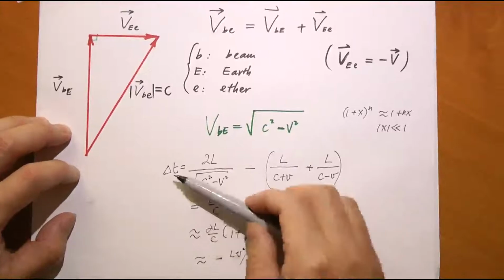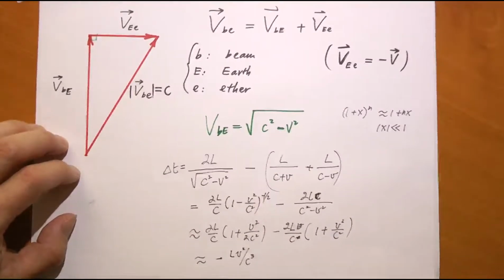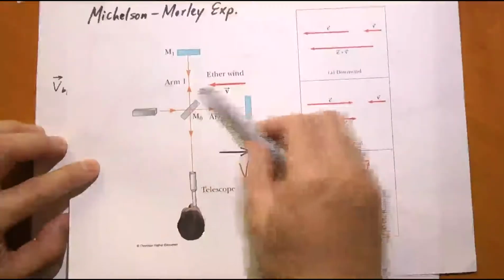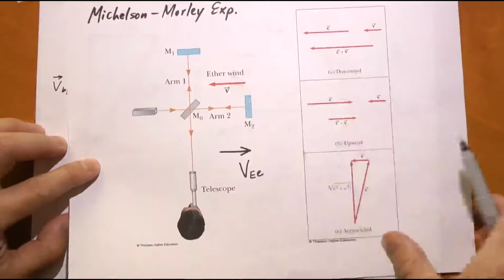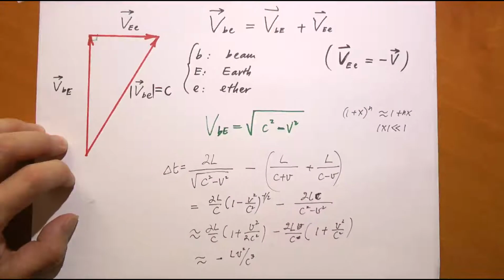If delta t was positive, now it's going to be negative by the same exact amount. So I don't really care whether the ether moved this way or that way. Either way, when you rotate it by 90 degrees, the answer will be exactly reversed.